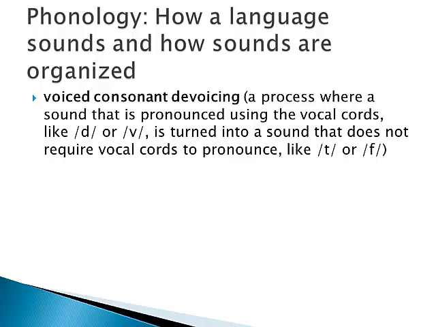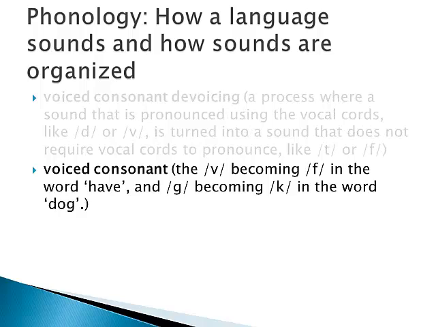A phonological rule a German speaker has in his or her repertoire is voiced consonant devoicing, a process where a sound that is pronounced using the vocal cords like d or v is turned into a sound that does not require vocal cords to pronounce, like t or f, which occurs in two places: where a word ends in a voiced consonant, the v becoming an f in the word have, and g becoming k in the word dog.